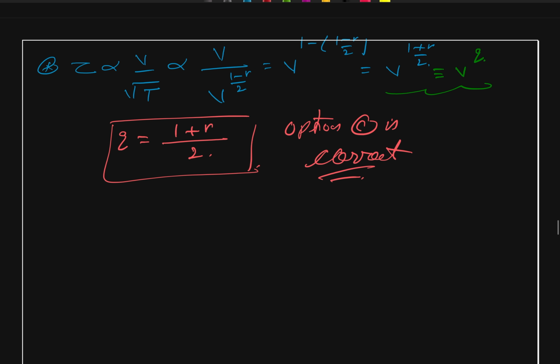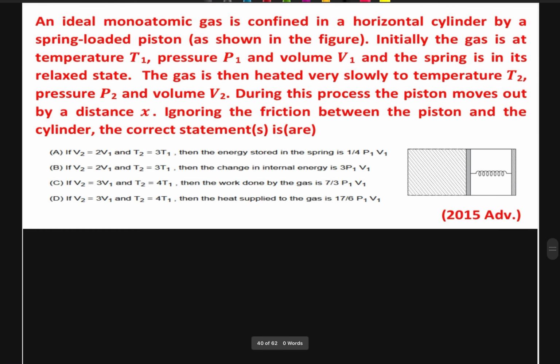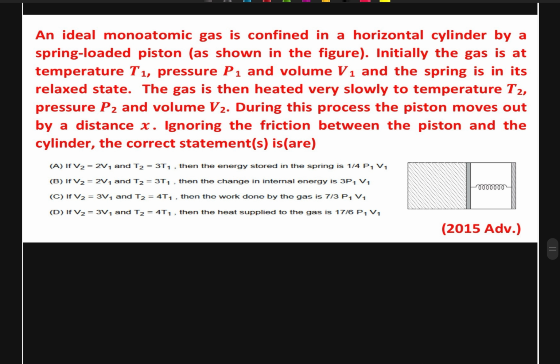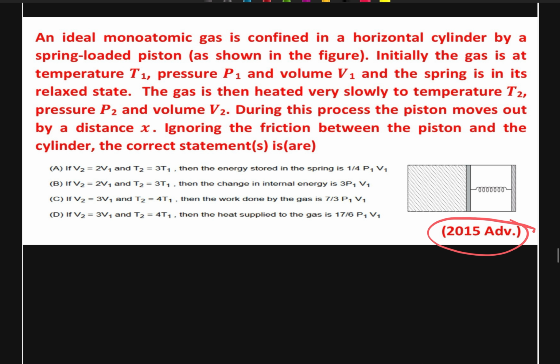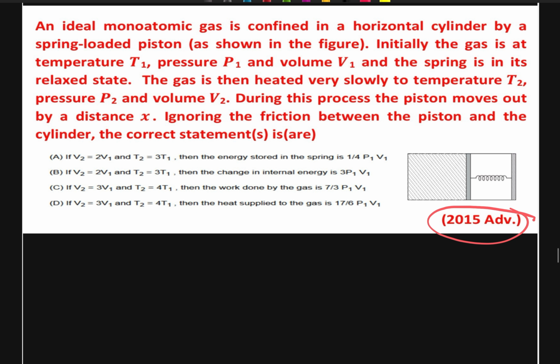Next question. It was asked in the 2015 Advanced, and it states that an ideal monatomic gas is confined in a horizontal cylinder by a spring-loaded piston as shown in the figure.